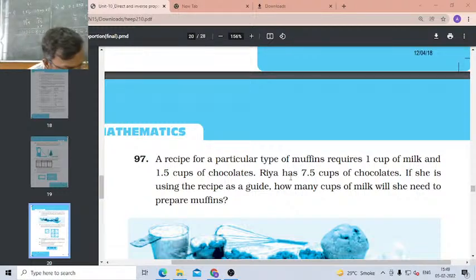Already Bhargav has given the answer: 5 cups of milk is required. We'll wait for others also and see their answers. What about others? Write your answers, what you are getting.